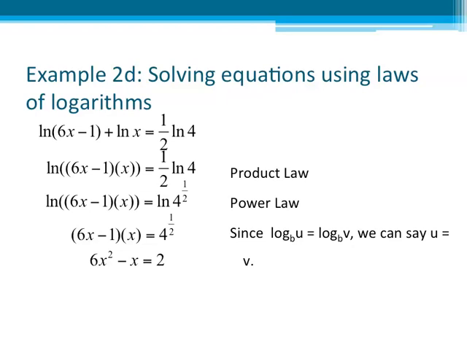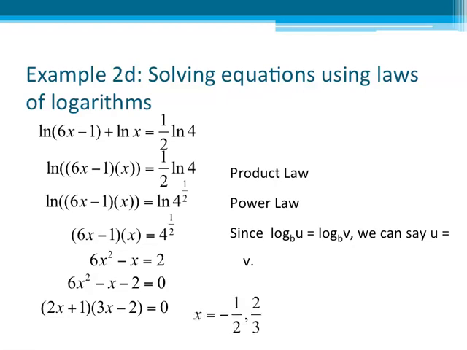It's a quadratic that we're solving here, so we'll move everything over to one side and see if it's factorable. In this case, this is in fact factorable, so this will be 2x plus 1 and 3x minus 2, which equals 0.